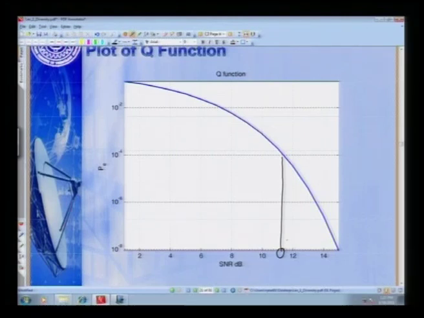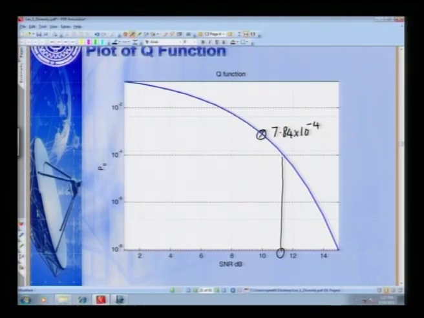For SNR equals 10 dB, which is what we just computed, the bit error rate corresponding to this is somewhere around here, and this we have computed as being 7.82 into 10 power minus 4.